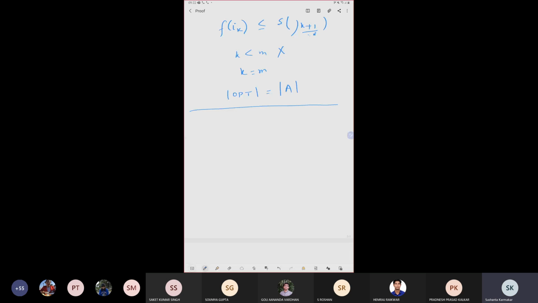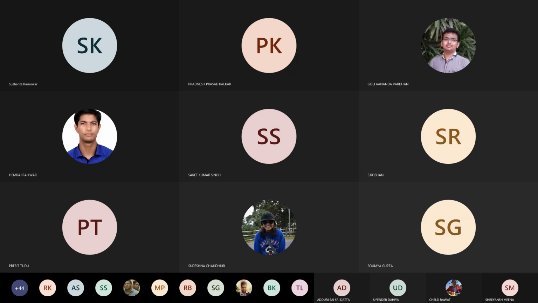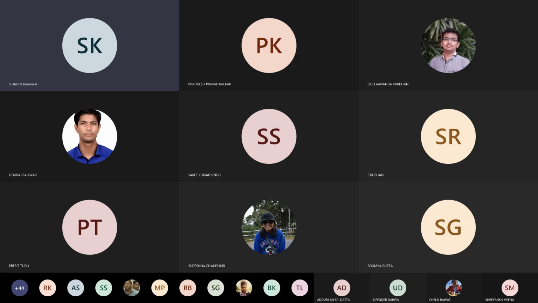Okay, so what is the running time of the algorithm? It can be shown that the running time of the algorithm is of the order of n log n.